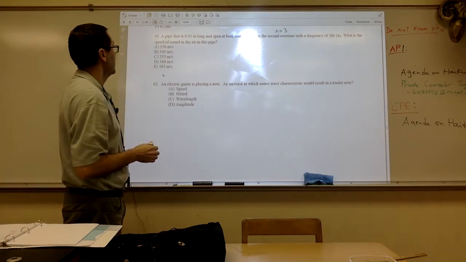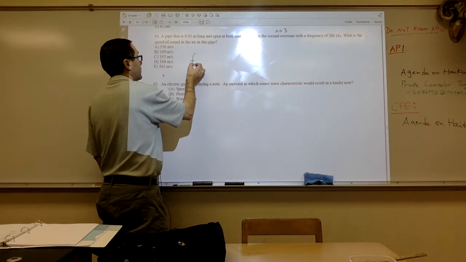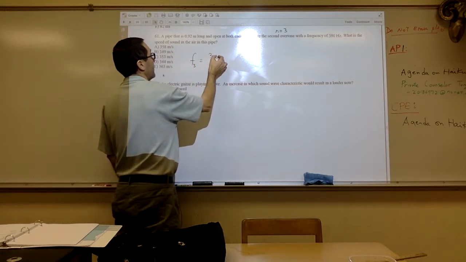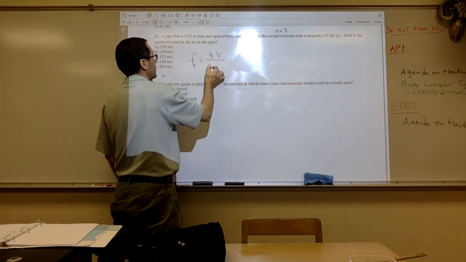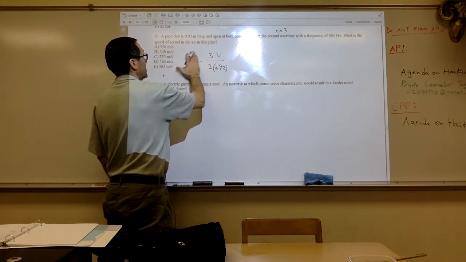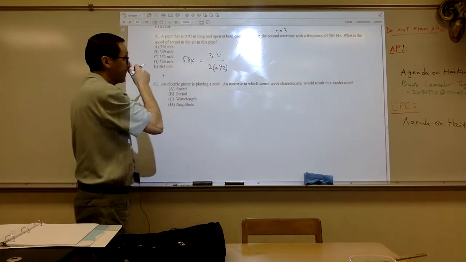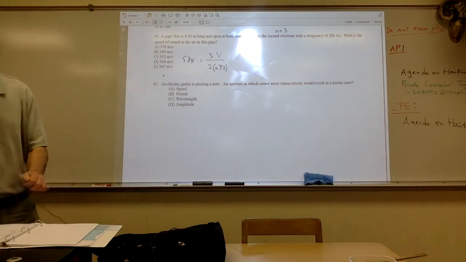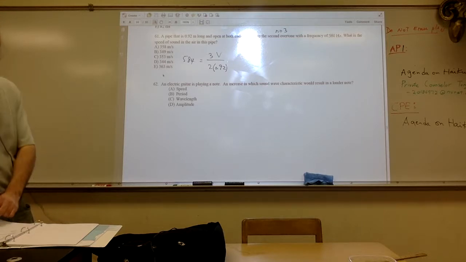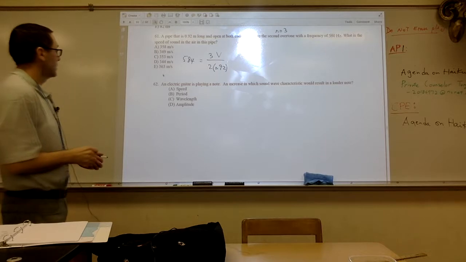What is the speed of sound in the air in this pipe? So I think we're going to do: frequency for the third harmonic is 3 v over 2 times the length of the pipe. And this third harmonic, or the second overtone, is 584. That should give you 358 meters per second. 358.19 to be exact.